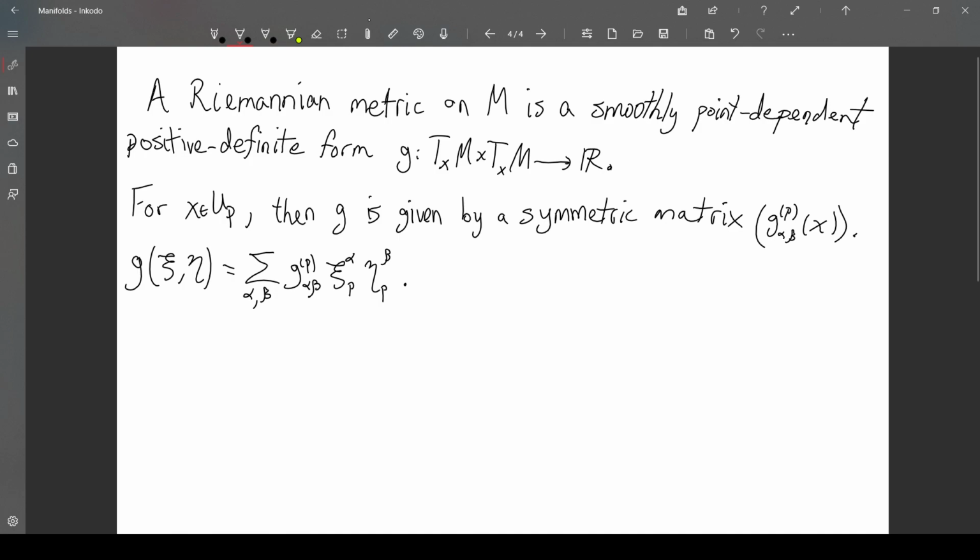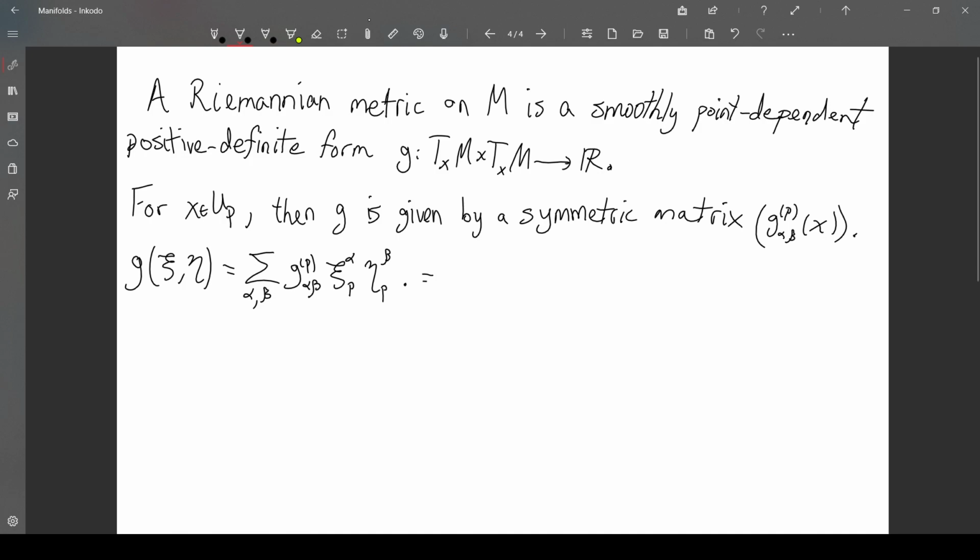So in terms of this matrix, when we know what chart we're on, we can break down this metric into components, and we can break down the vectors into components, and we can define this scalar product in terms of those components.